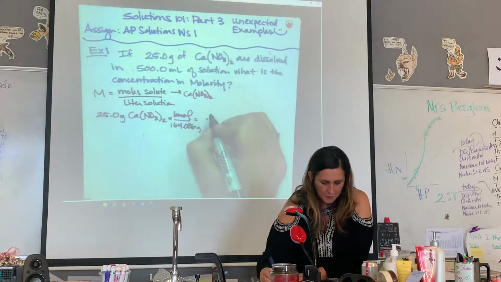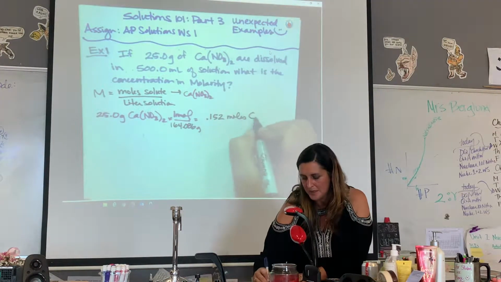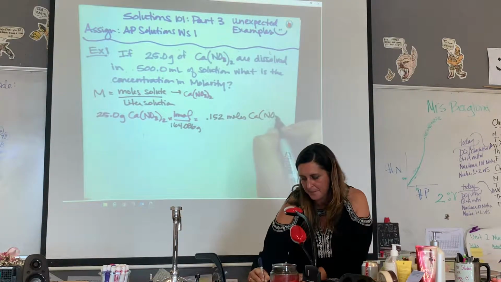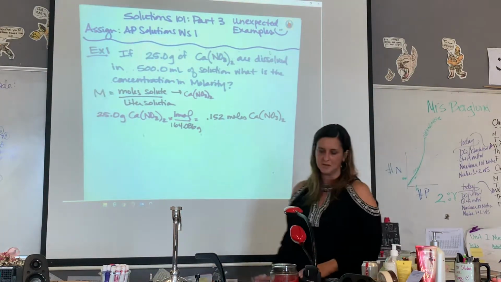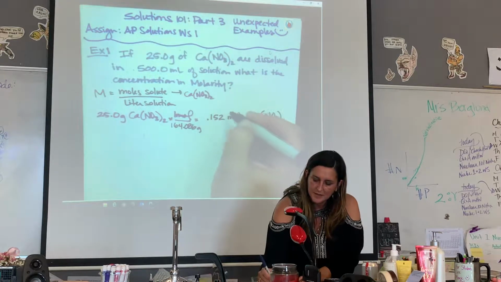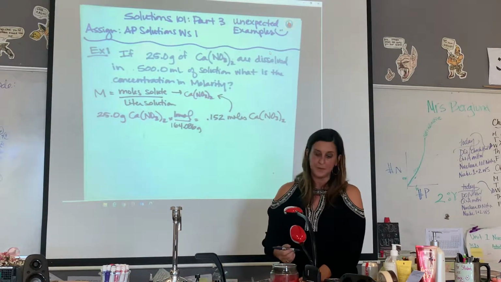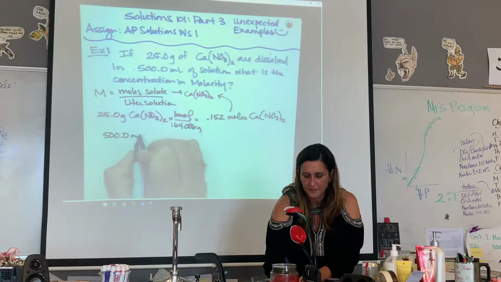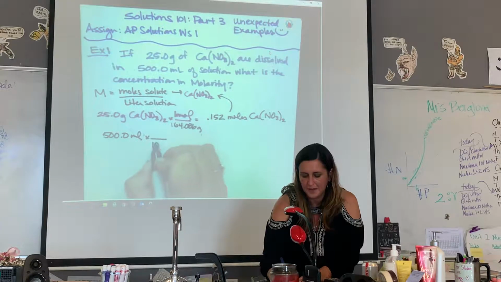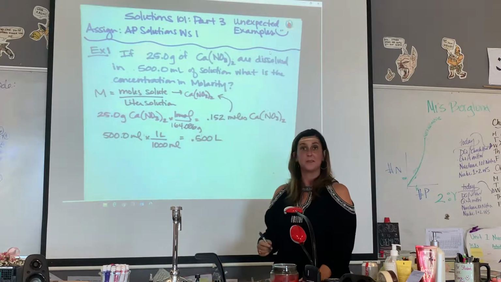So we're going to do 25 divided by 164.086, and we get 0.152 moles of calcium nitrate. That would be the top part of our expression, the moles. The liters of solution we know to be 500 milliliters, and since every 1,000 milliliters is 1 liter, we have 0.500 liters of solution.